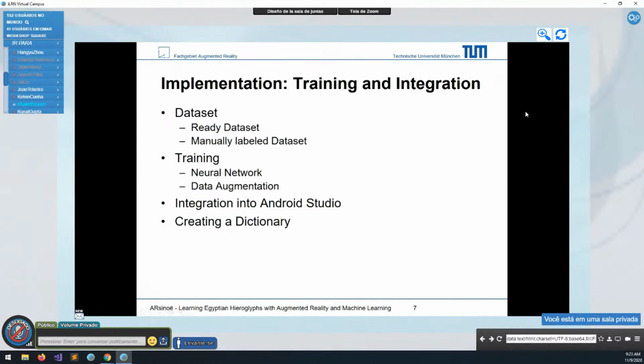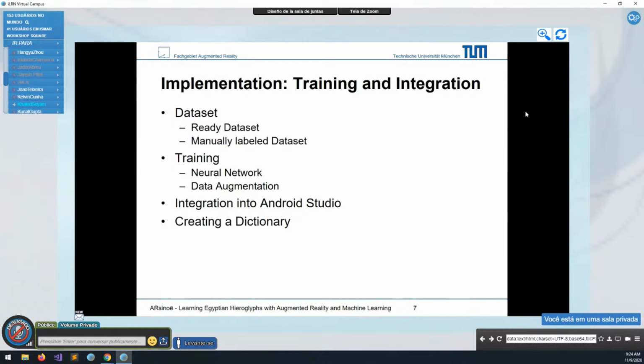Now I'm talking a little bit about the implementation. Because we use a neural network, we need a data set. The data set was a mixture with the data set from the master's I mentioned from 2013, which had 4,000 glyphs.